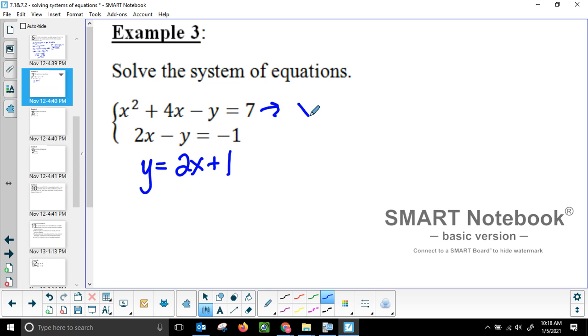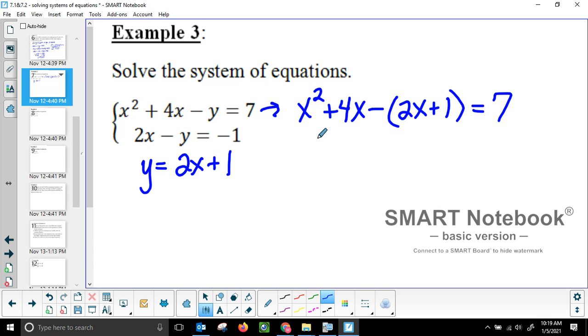And when I do that, we're going to get x squared plus 4x minus, and then instead of y, I'm putting in 2x plus 1, and that will equal 7. So we have x squared, and then this will be 4x minus 2x, which will be plus 2x.